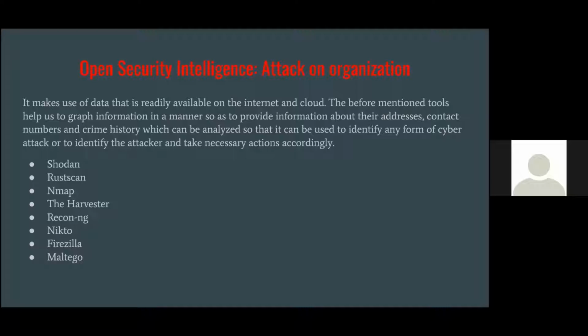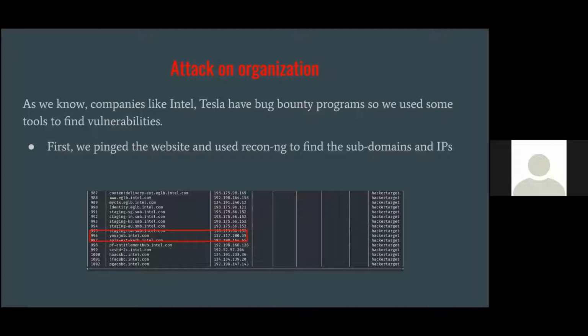Intel, as you might know, is a very famous organization, and we have analyzed the data and written our results. First of all, we identified the companies that have bug bounty programs, so that we would not be going beyond our legal clearance.